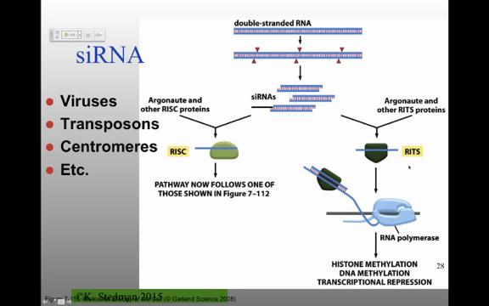And so what happens here is you have a double-stranded RNA that forms on an RNA which is being made by the RNA polymerase, but instead of chopping this up, this leads to histone methylation, eventually DNA methylation, and silencing of that region by compacting the chromatin.